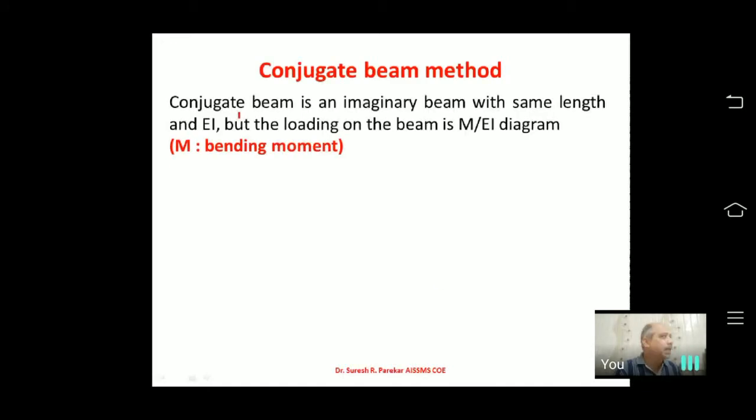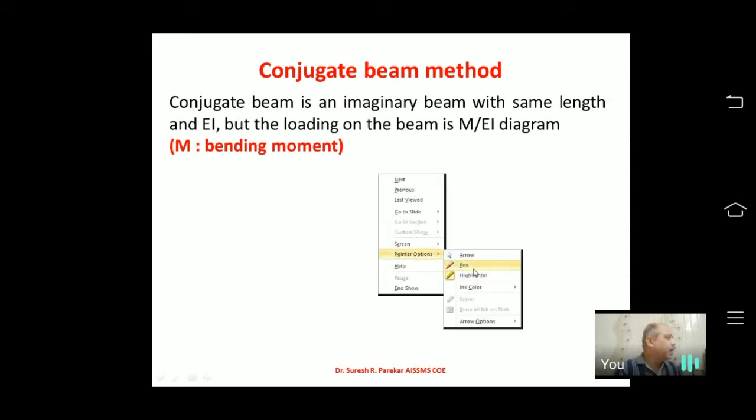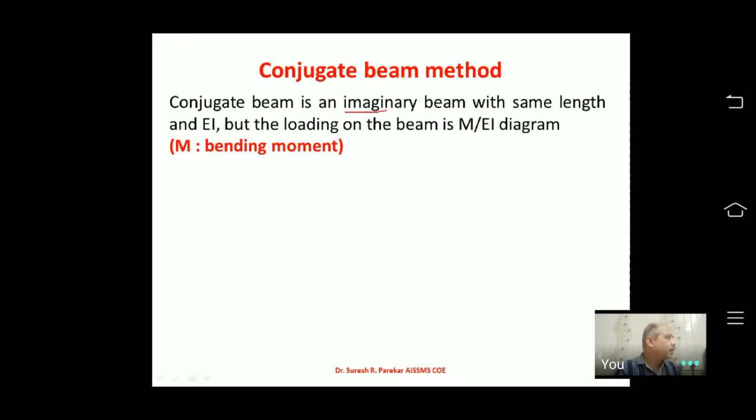Now, if we go to the conjugate beam, a conjugate beam is an imaginary beam. This is most important: an imaginary beam with the same length and EI, but the loading on the beam is the M by EI diagram.